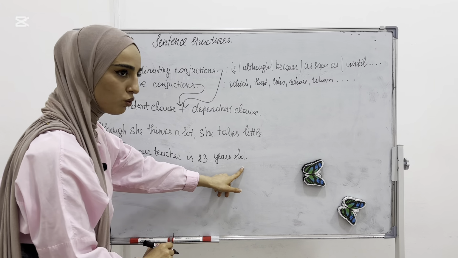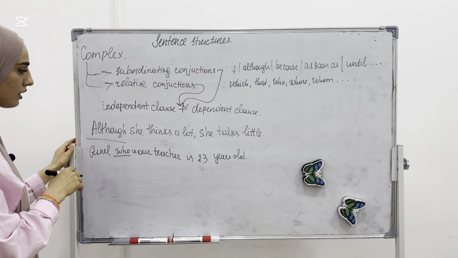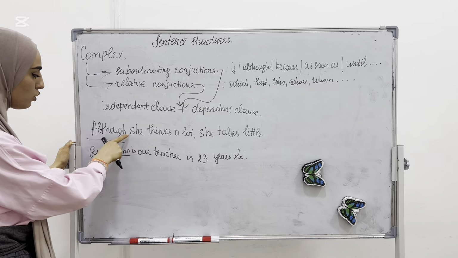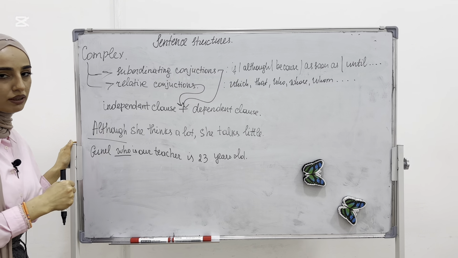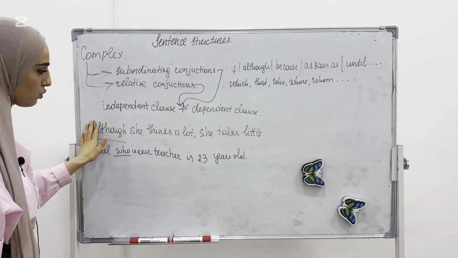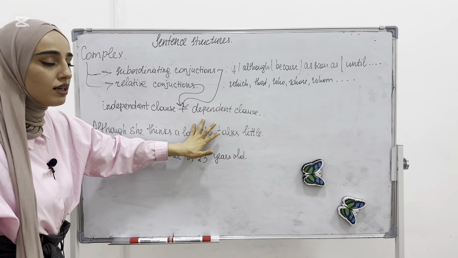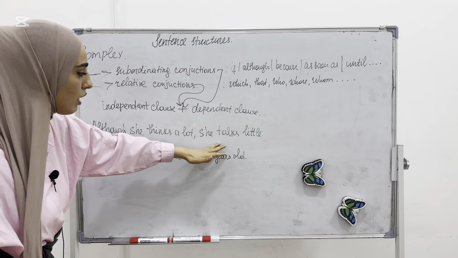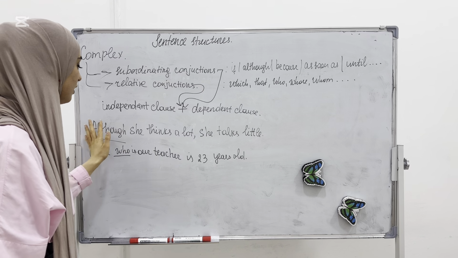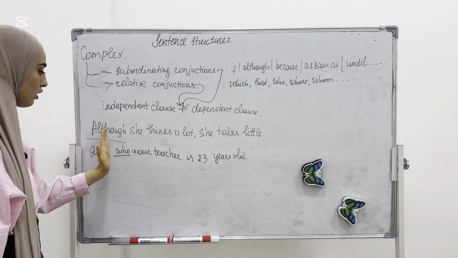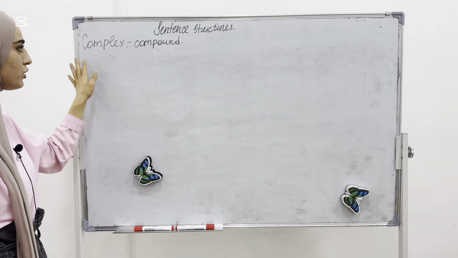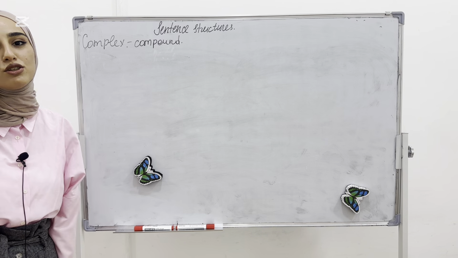So, guys, dependent and independent clause. If I use although at the very beginning, it means it is our dependent clause, okay? But if I use it in the middle of the sentence, the first part, she talks little, is going to be our independent clause, and the part beside although is going to be the dependent clause.